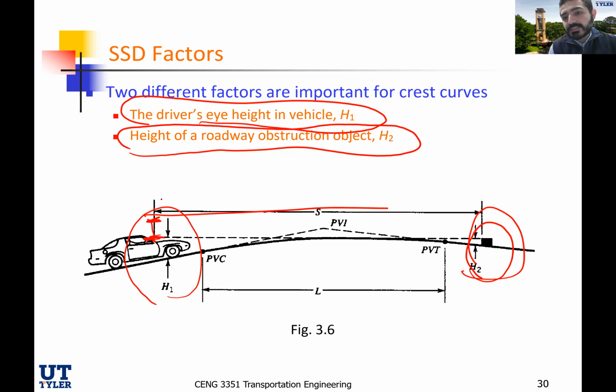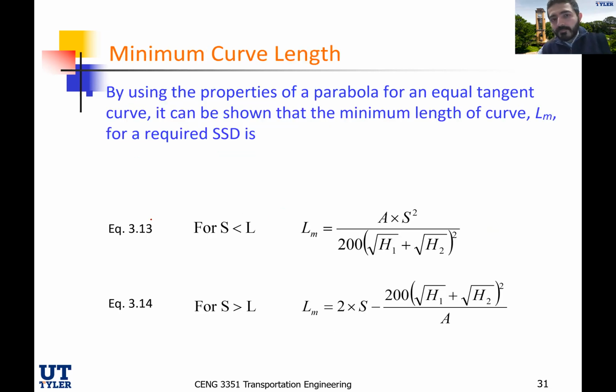So you can see a lot more, and you're going to avoid accidents in a much better way. So when we design the crest vertical curve, we assume for H1 the lowest profile car ever. So we are again accounting for multiple vehicles and multiple drivers.